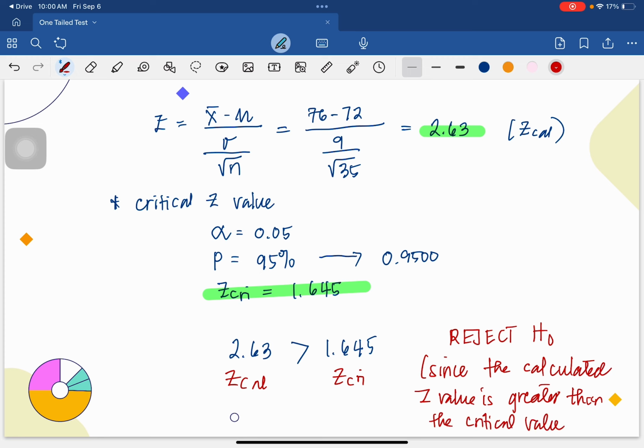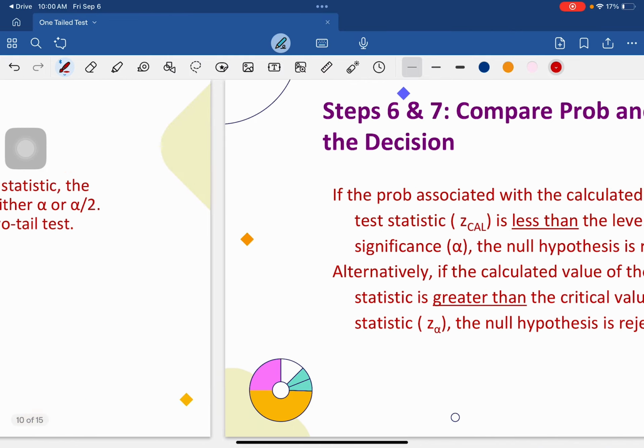Sorry for the handwriting. Which means the assumption of the instructor that the score has increased is actually true, because they are greater than 72. So this is our example for a one-tailed test.